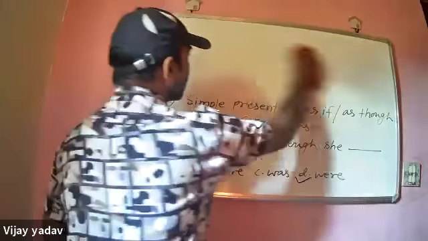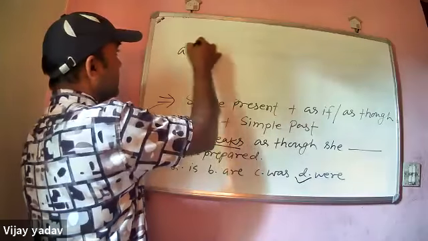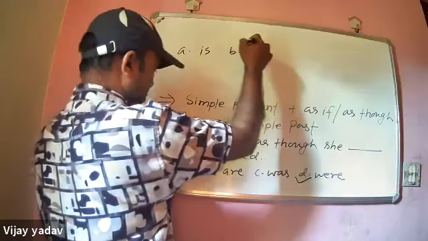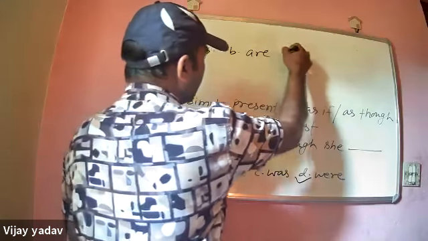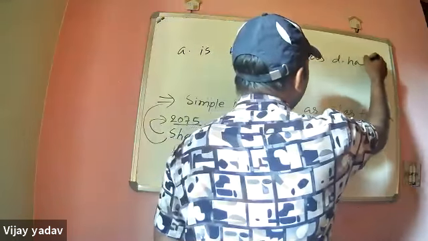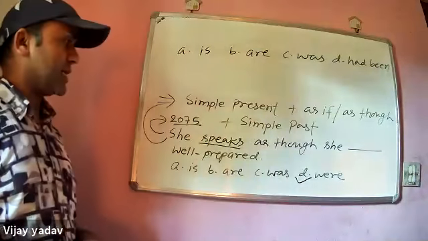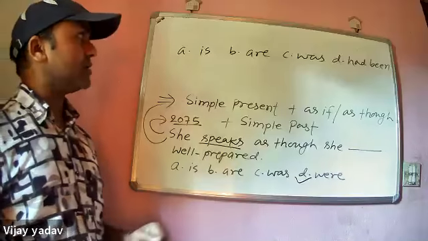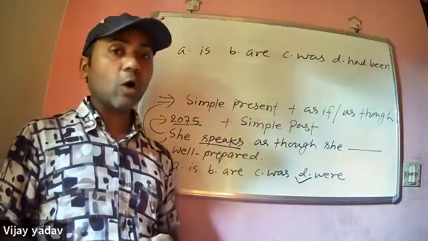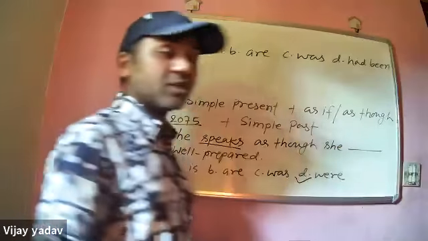But if your options are is, are, was, had been, isn't it? She speaks as though she well prepared. If you have these options, now which one do you select? Option D?